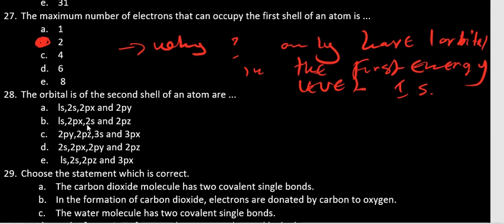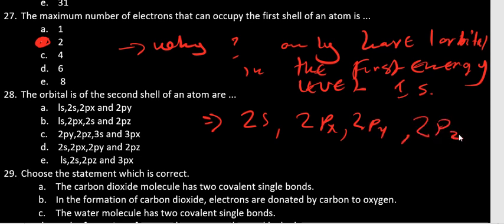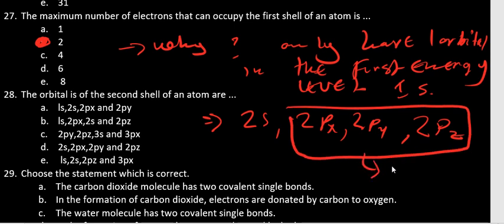The second shell has 2s, 2px, 2py, and 2pz. These are as a result of orientation or direction. So our answer will simply be D.